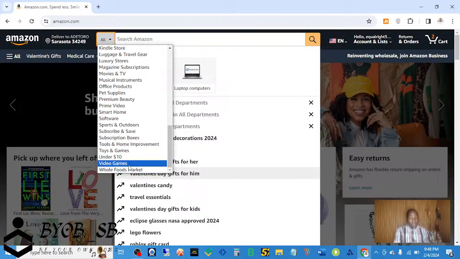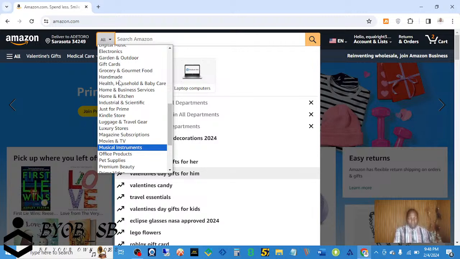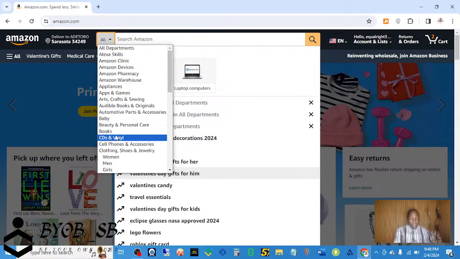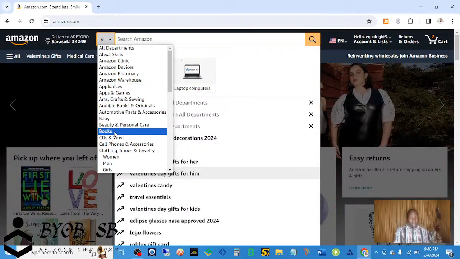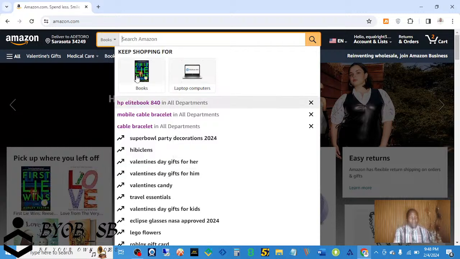These are the various categories of Amazon. But today, the category we need is the books category, so just click on Books.